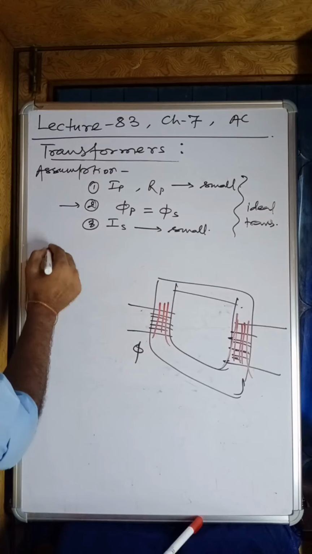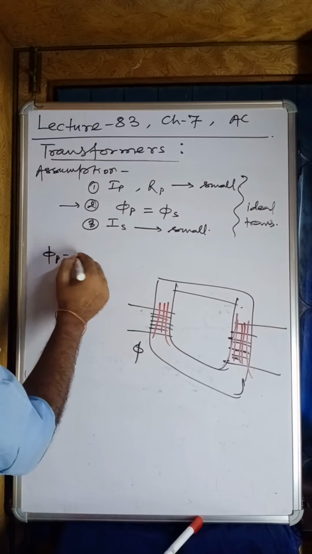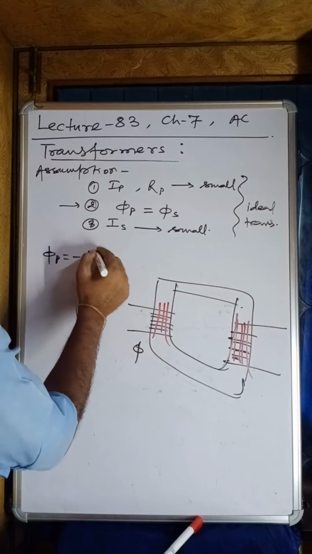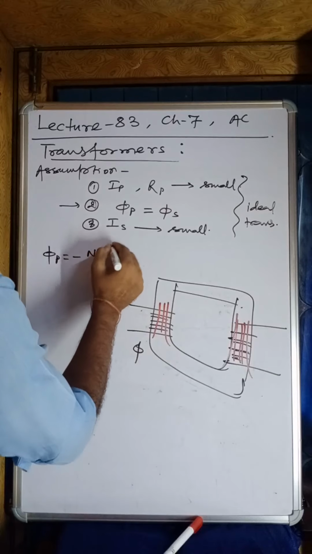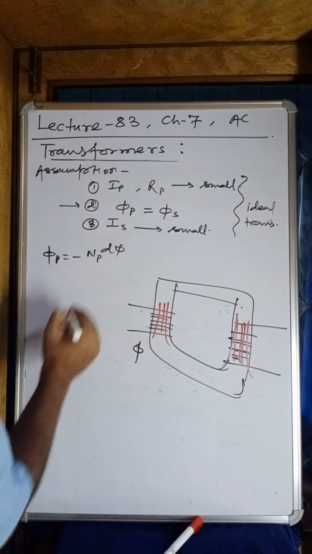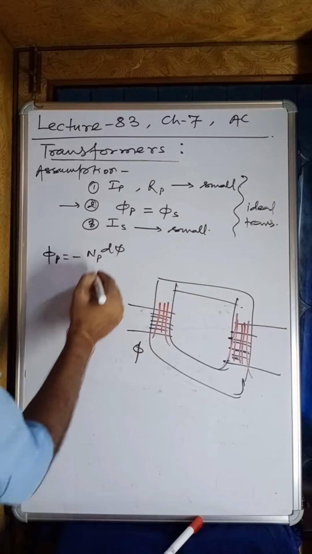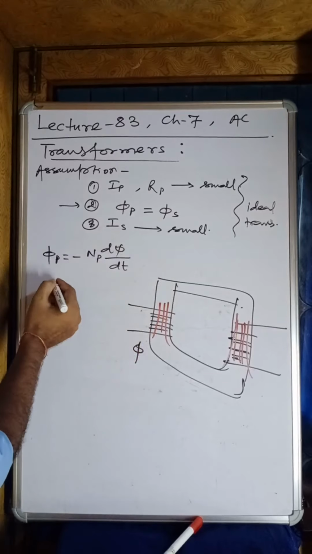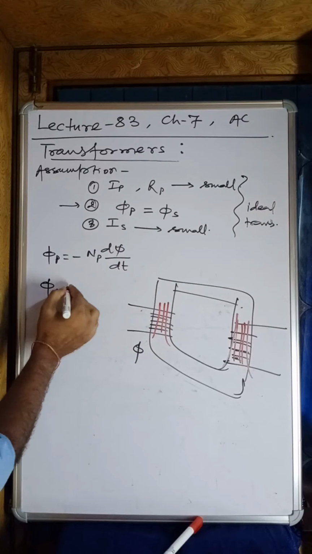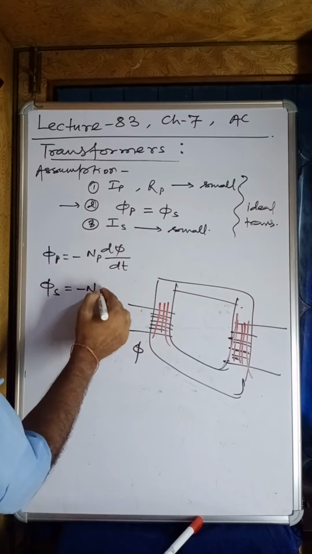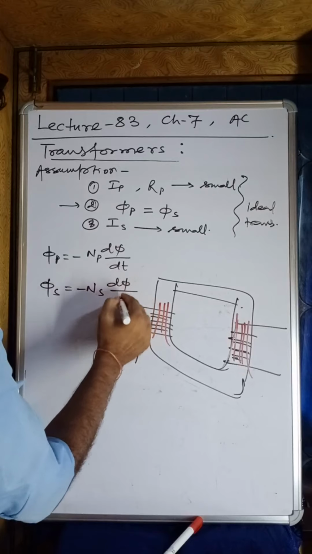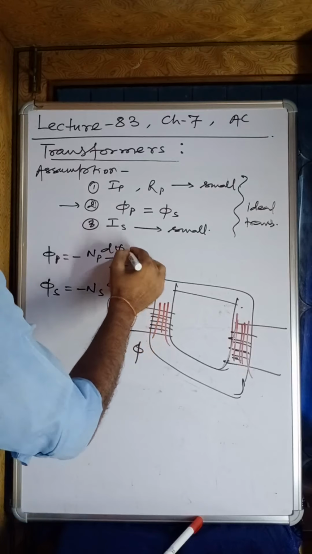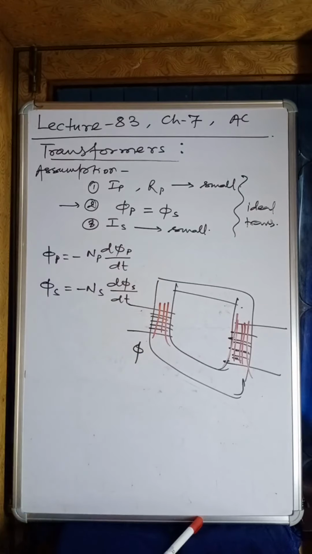It can be written as phi p equals minus N p d phi by dt for the primary coil. And for the secondary coil we can write phi s equals minus N s d phi by dt. Remember, this is for the primary coil and this is for the secondary coil.